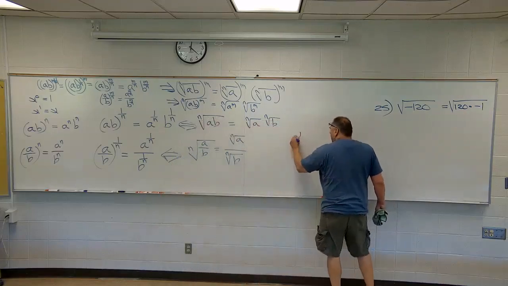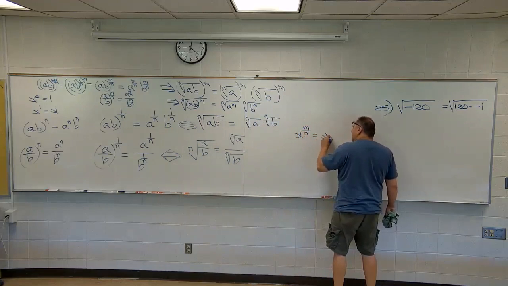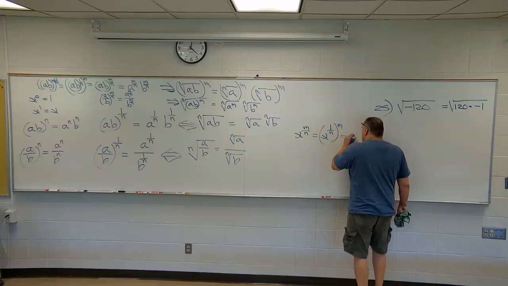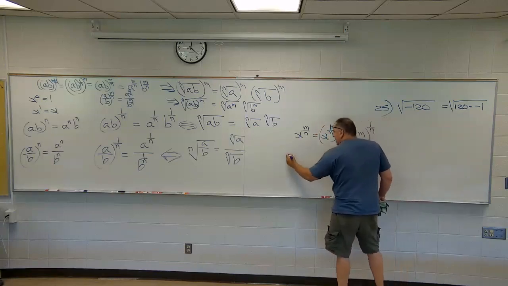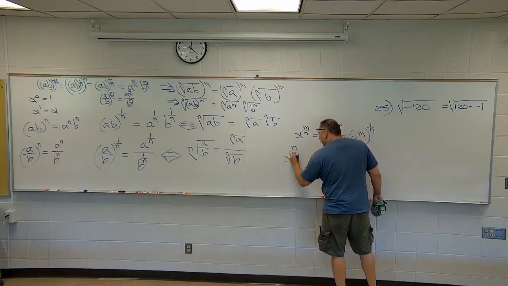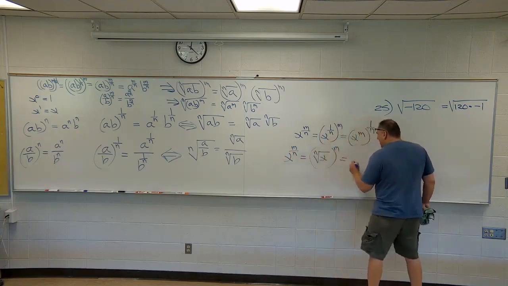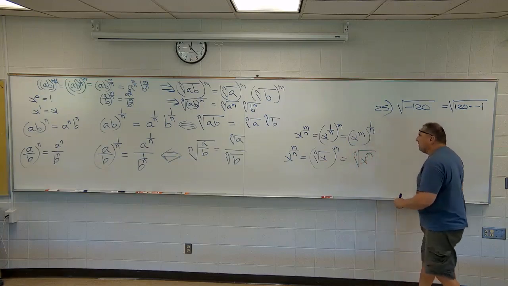We talked about x to the m over n, and that's x to the 1 over n, whole thing taken to the m. That's x to the m, the whole thing taken to the 1 over n. X to the m over n was the nth root of x, the whole thing to the m, or the nth root of x to the m. That's all it is.